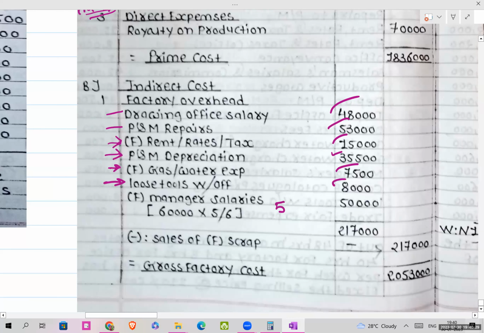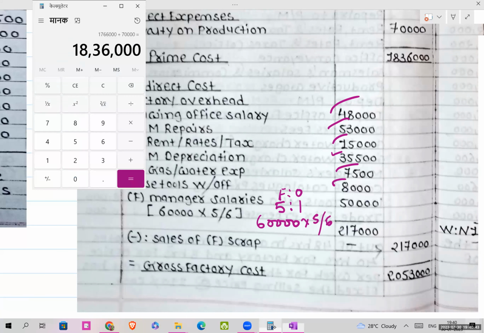When I say 5:1, मतलब factory is to O. So my ratio will be 60,000 into 5 divided by 5 plus 1, 6. Like this you're going to count. Okay. Yeah. So 60,000 into 5 divided by 6. That is 50,000 plus 7,500 plus 35,500 plus 15,000 plus 53,000 plus 48,000.